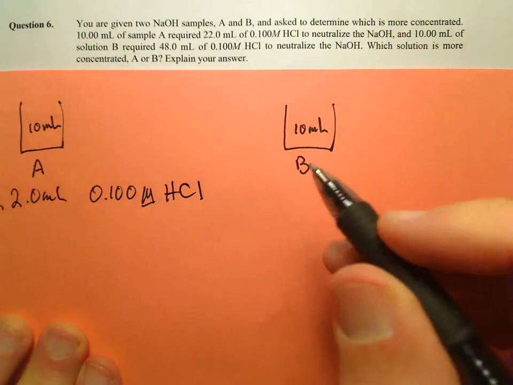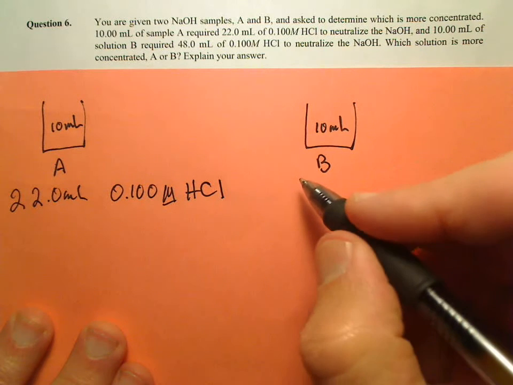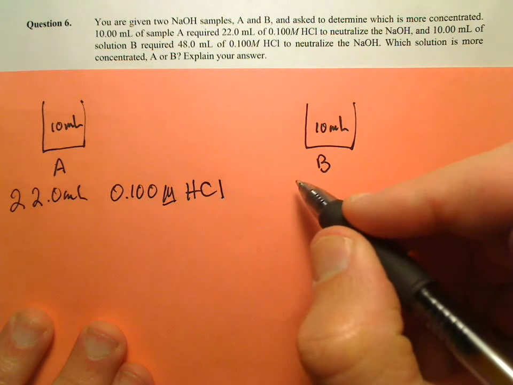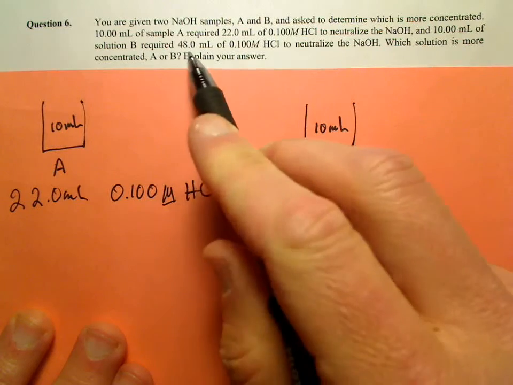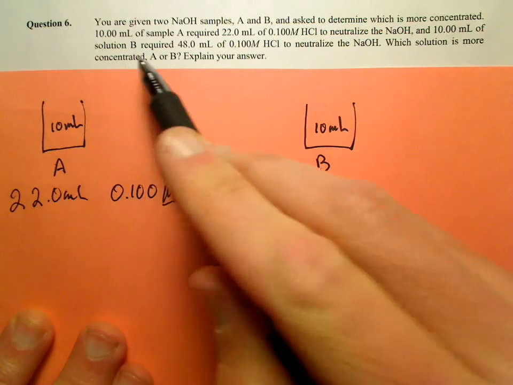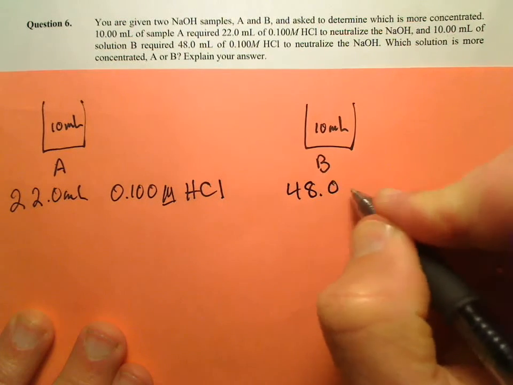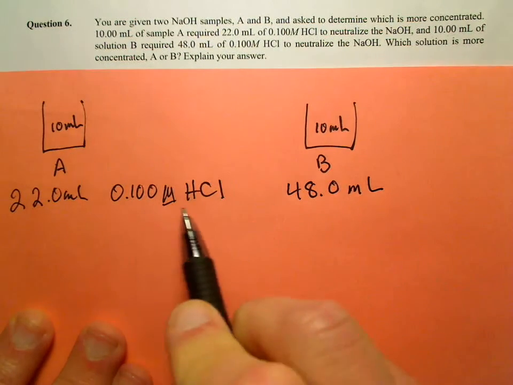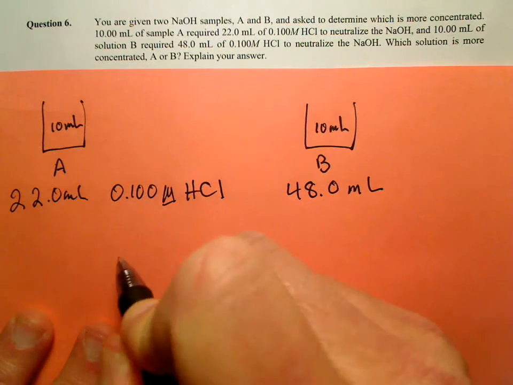And sample B required, let's see, what did it require? 10 milliliters, I'm sorry, 48 milliliters. So 10 milliliters of solution B required 48 milliliters of 0.1 molar HCl to neutralize.